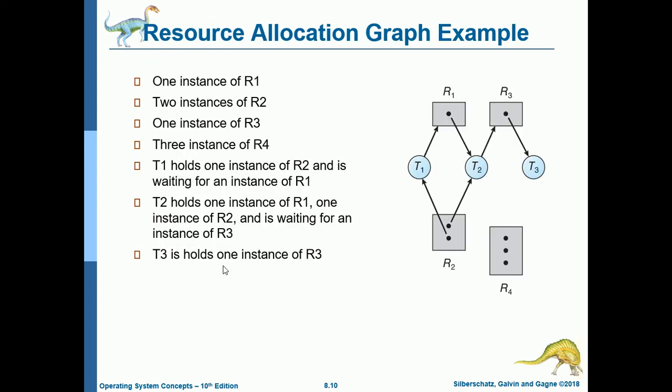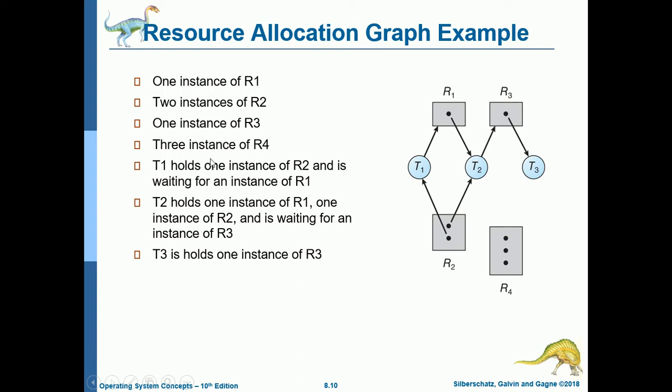So we have an example of a resource allocation graph on the right of our slide. Let's just enumerate. One instance of R1, only one resource for R1. Two instances of R2. One instance of R3, one instance only.